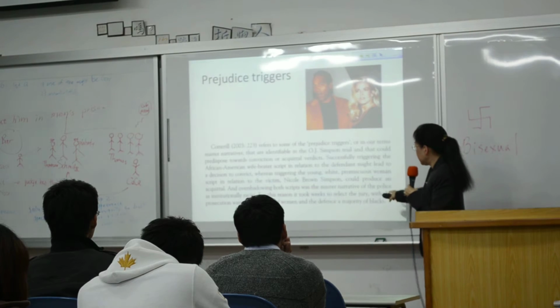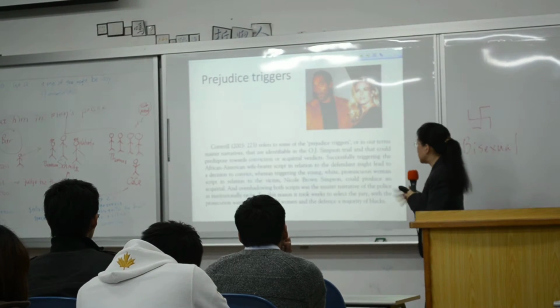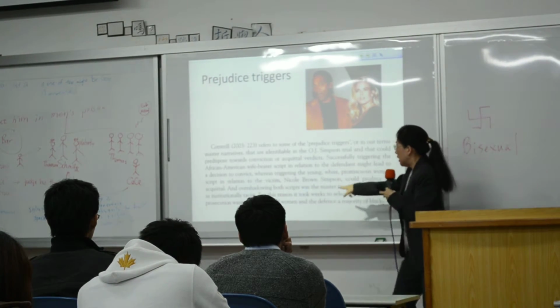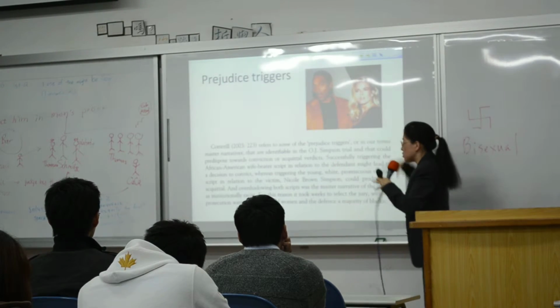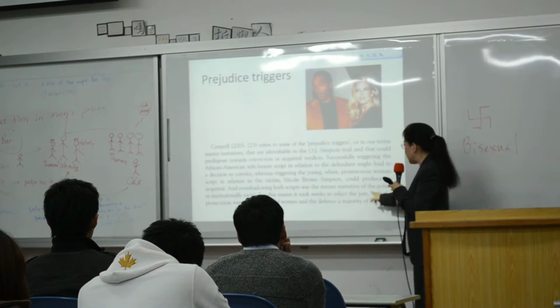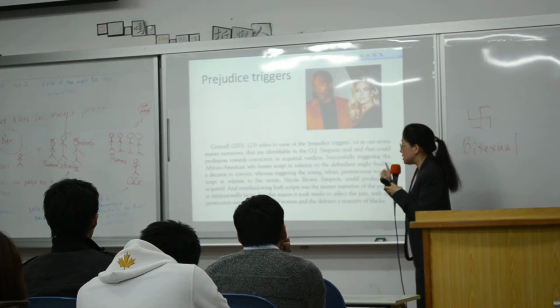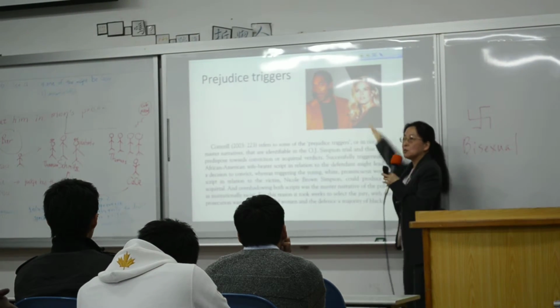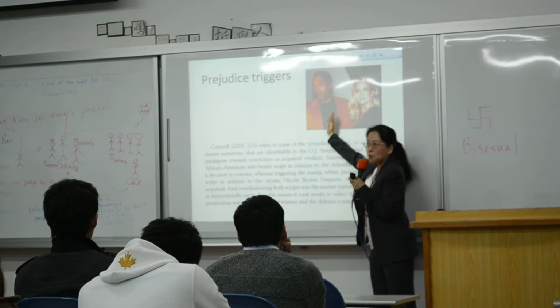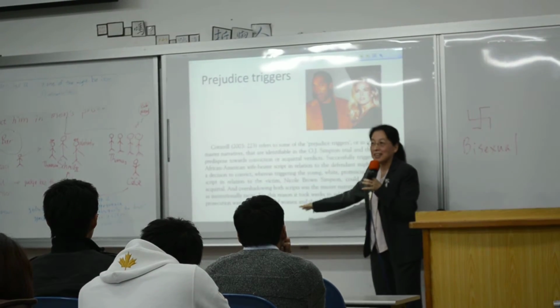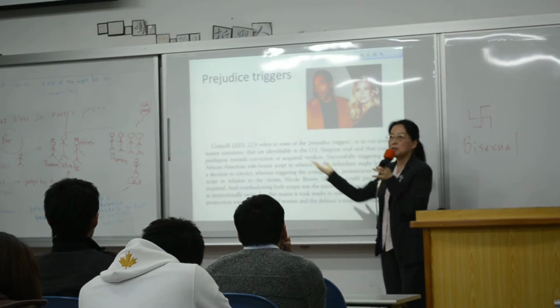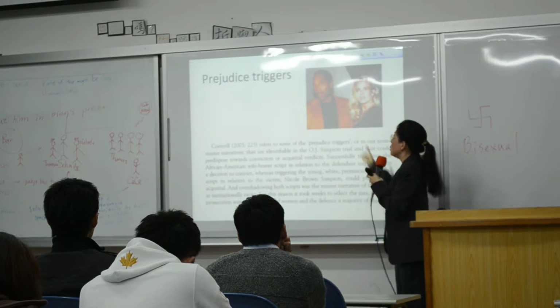So, here it says, however, overshadowing both scripts was the master narrative of the police as institutionally racist. So when the police downplay his race, then the community, the society says, you're a racist.